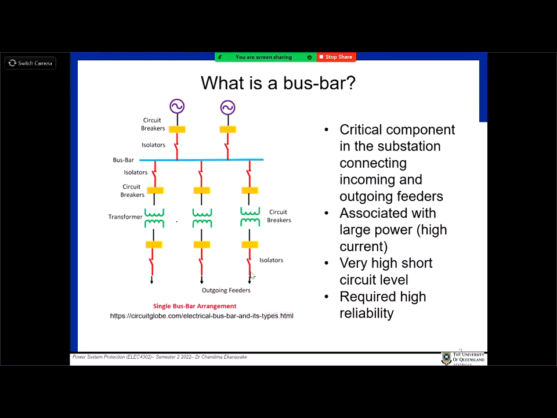The other important thing is that many feeders are connected to the same bus, which means you need very high reliability. If there is a fault on the bus, all feeders are gone. Therefore, bus protection is one of the most important protection schemes for a substation.